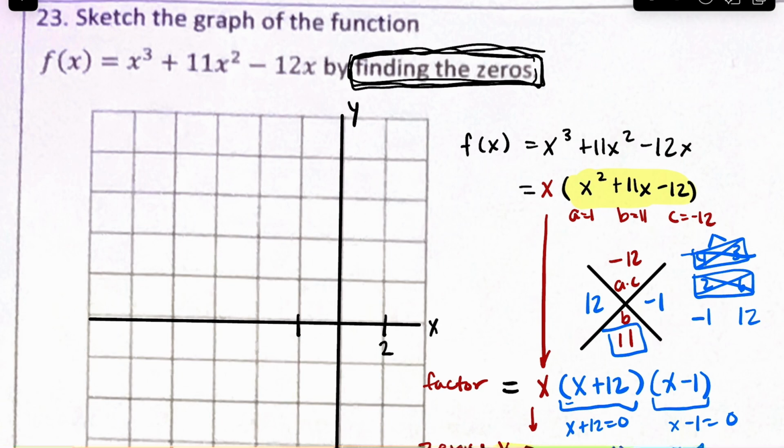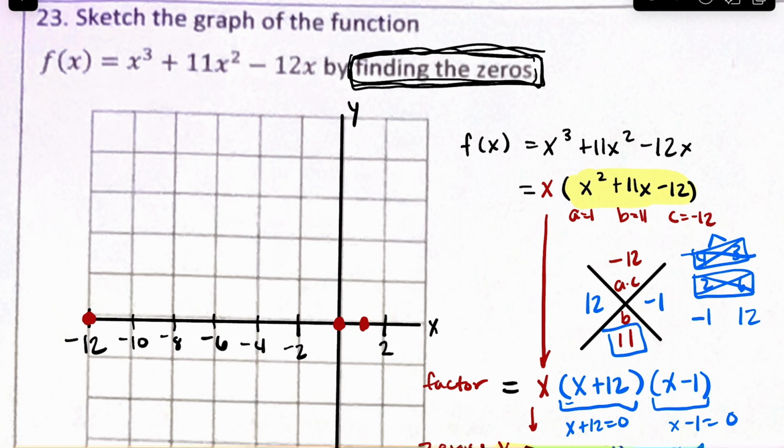We're going to have negative 2, negative 4, negative 6, negative 8, negative 10, and negative 12. Now let's plot our points at x equals 0, x equals 1, x equals negative 12. Wow, that's a huge gap.